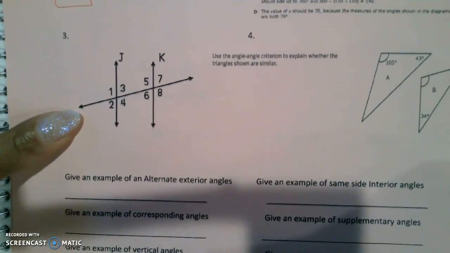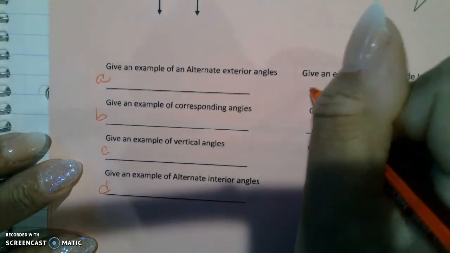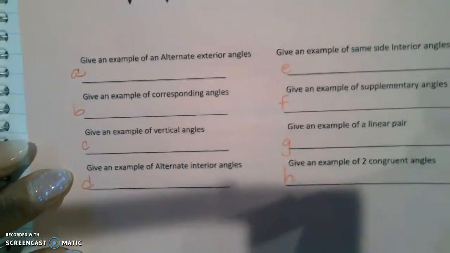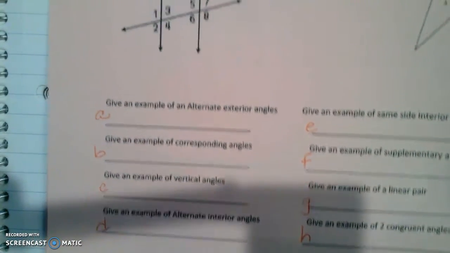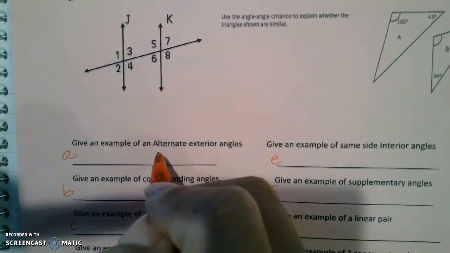All right, looking at number 3. So in Skyward, I listed this question as 3A, B, C, D, E, F, G, and H. So all of these go with question 3. So first they want alternate exterior angles.